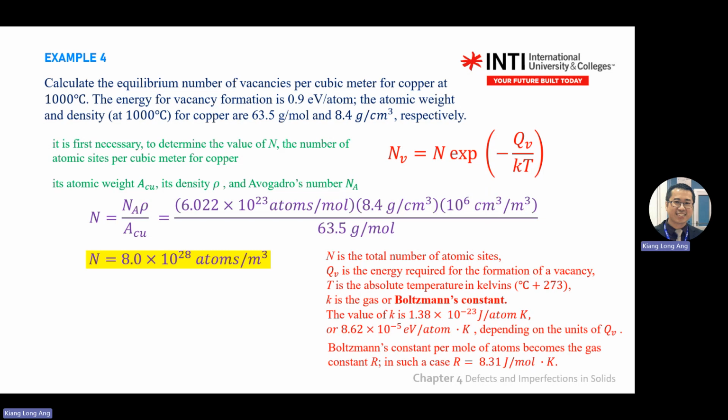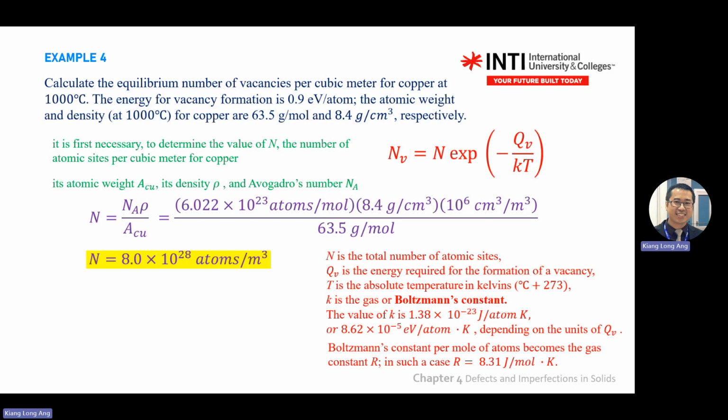This one is actually a conversion: 1 cm cubed equals how many cubic meters? Here you need to be careful with the unit. Here you are using cm cubed, but for SI calculation, the question asks for cubic meters, so you need to convert your answer to cubic meters.